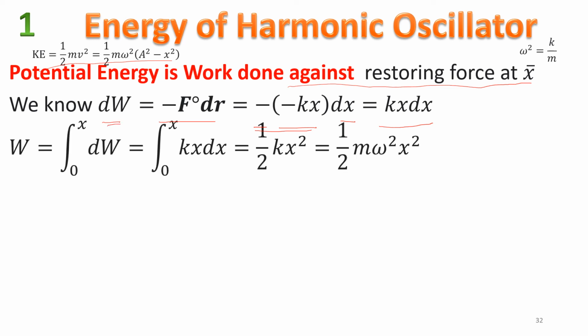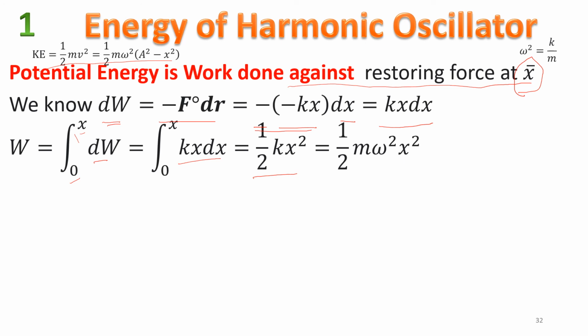Now W will be integration dW, where the limits run from 0 to x. We are interested in finding the potential energy at position x. So we are left with integration 0 to x of kx dx, that is 1 by 2 kx square, because integration of x dx will be x square by 2.